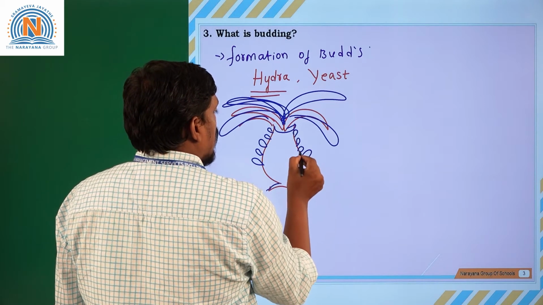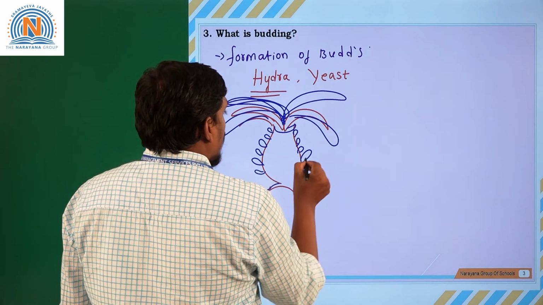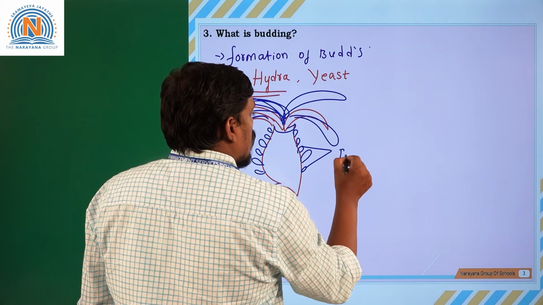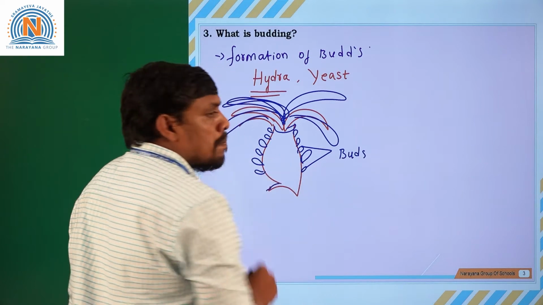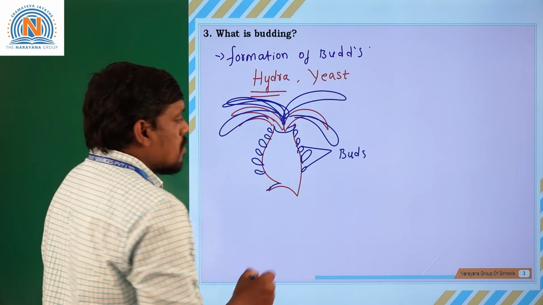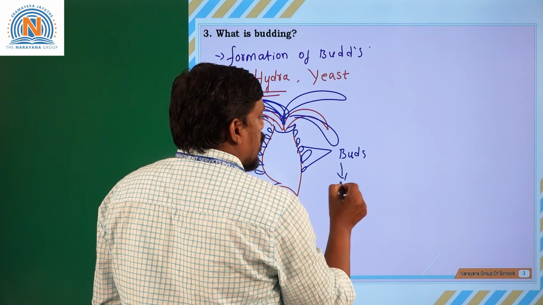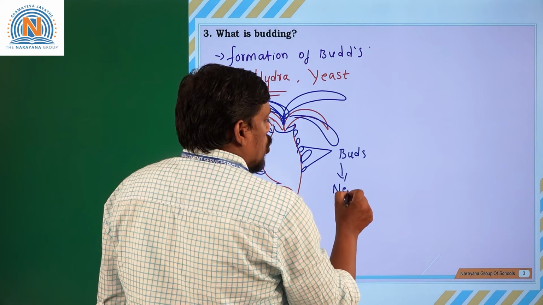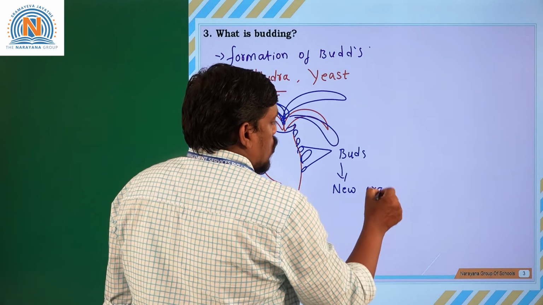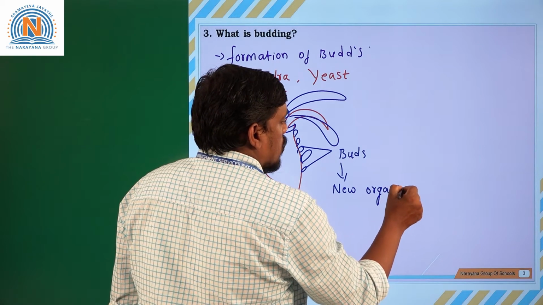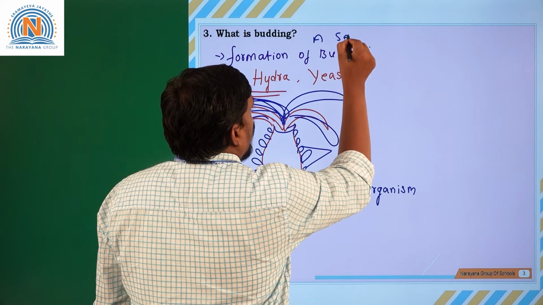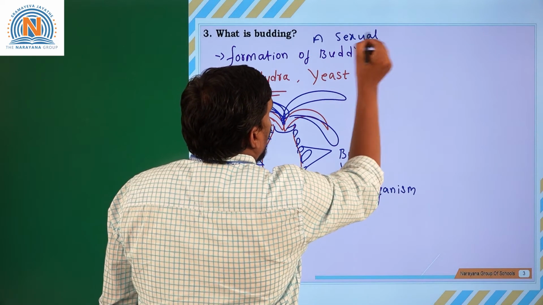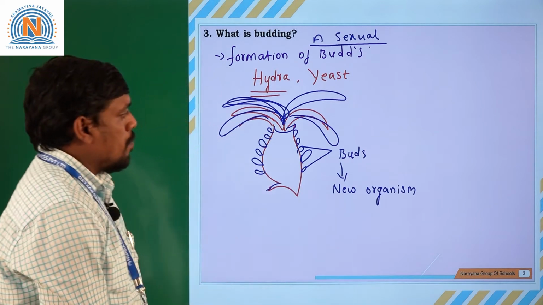This bubble-like mass develops into small buds. After complete growth, these buds separate from the parent body and develop into a new organism. So this kind of reproduction is called budding, a type of asexual mode of reproduction.